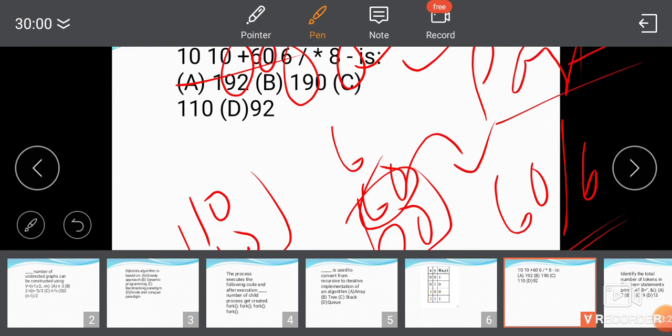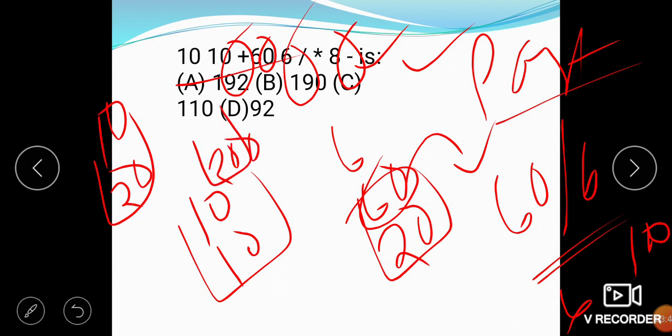In preorder you have to reverse this method. Now in the stack you get 20 and 10, so with the multiplication operator you get 200. Next push 8, then after subtraction you get 192 as the answer.